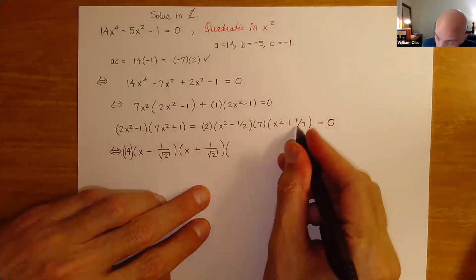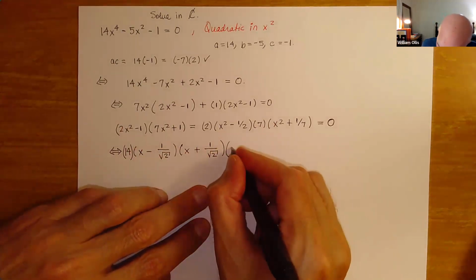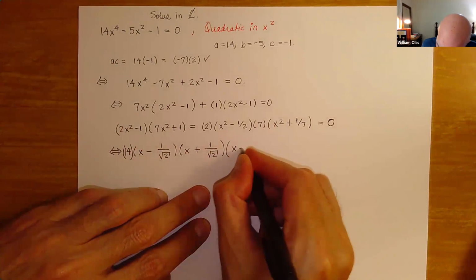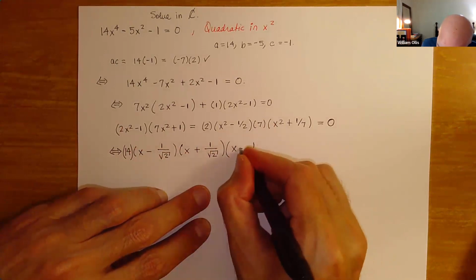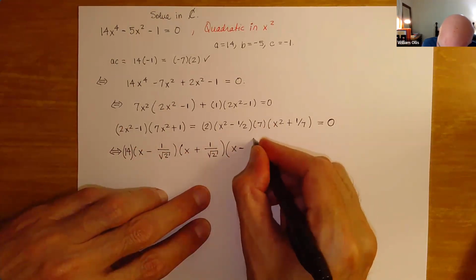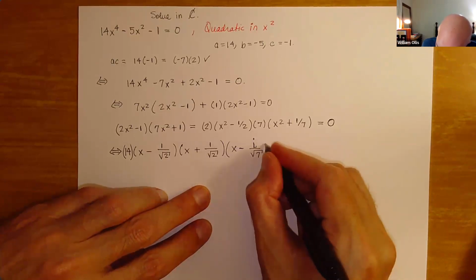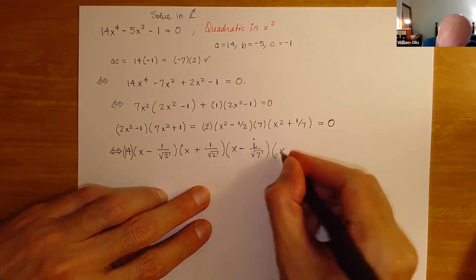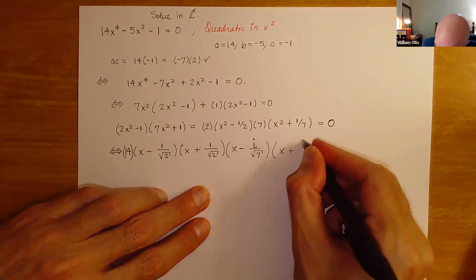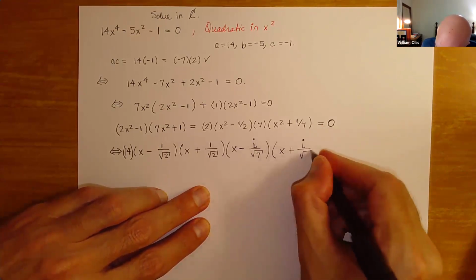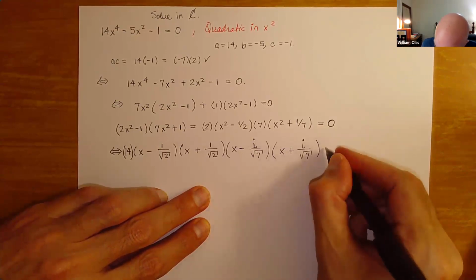And then, of course, here we'll have the imaginary unit. So we'll have what? X minus 1. You can just go ahead and put the I up in the numerator because there's no real part. So root 7. And then x plus I root 7 equals 0.